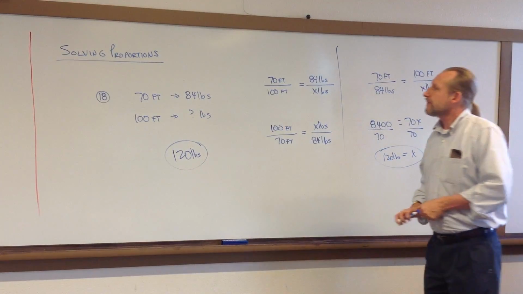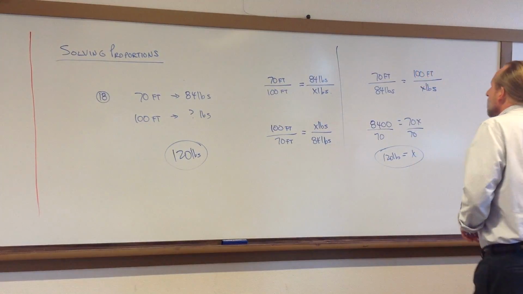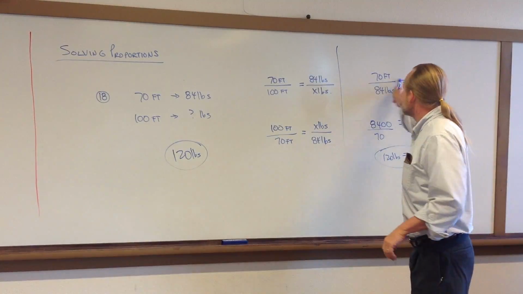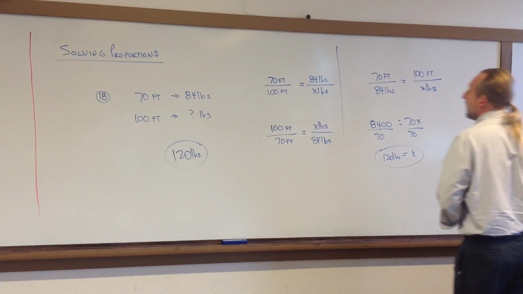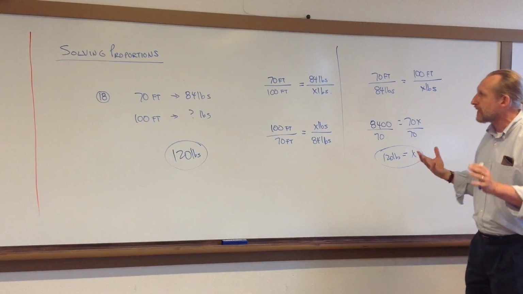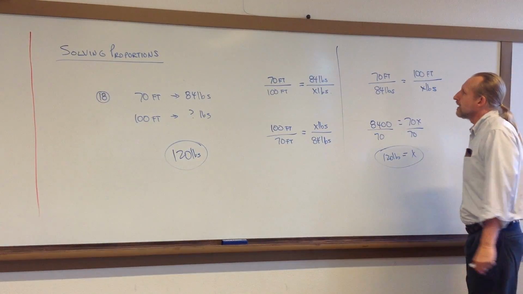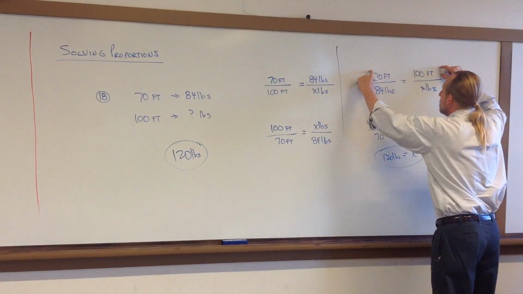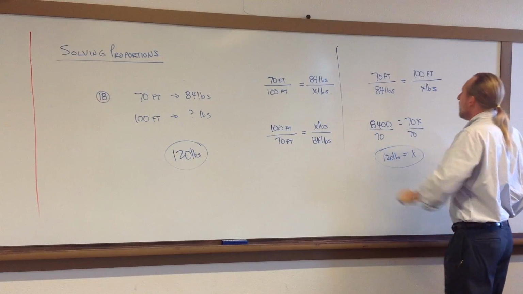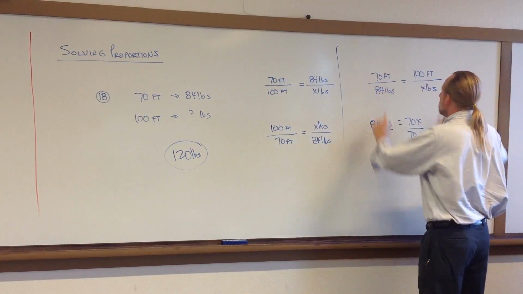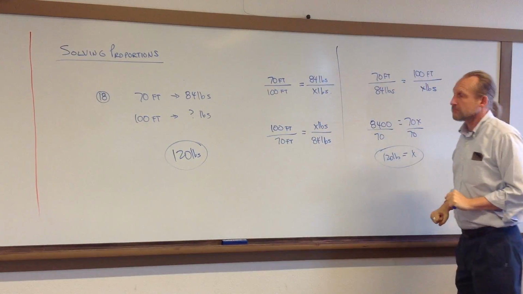Okay, so that's how we're going to approach these word problems. The important thing is to set up your proportion correctly, all right? And the key to doing that is matching these things up, all right? You want to match the feet up either horizontally or vertically, okay? And you want to match the pounds up either horizontally or vertically, all right?